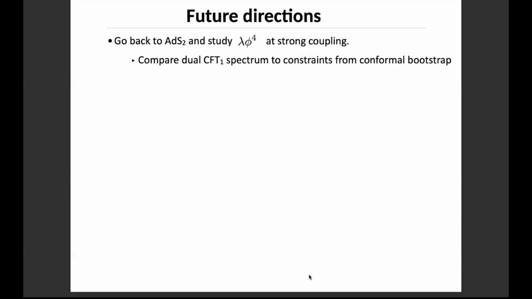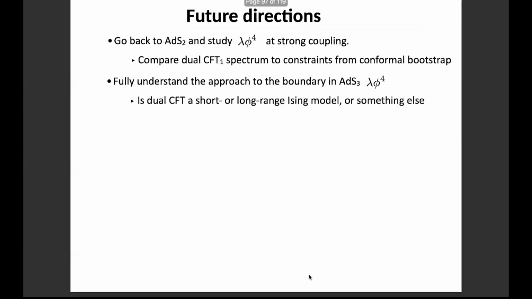And we could compare the dual CFT1 spectrum, so we could compare what we get on the boundary, the operators we see there, to constraints from the conformal bootstrap, which you may have heard about. It's just a technique, a way to constrain and identify the space of CFTs using purely mathematical arguments. You're just constraining it from the math of the CFT, to put it in colloquial terms. So that could be interesting, right?